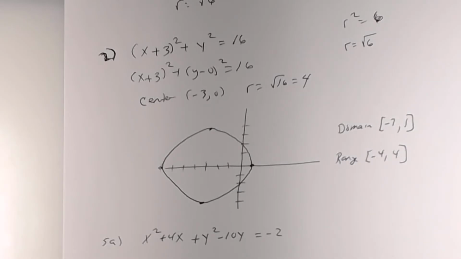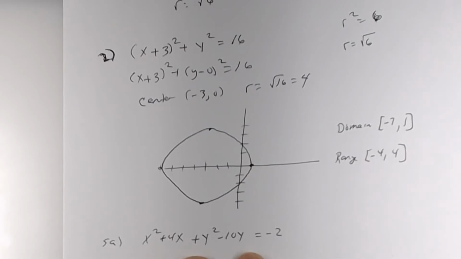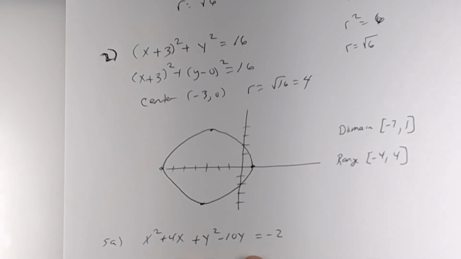So here's how you can complete a square for a circle, though. When we did the quadratic equation, there's only one variable, the variable x, I think it was. Here, though, you have how many variables to deal with? 2. So you have to complete the square how many times? Twice.